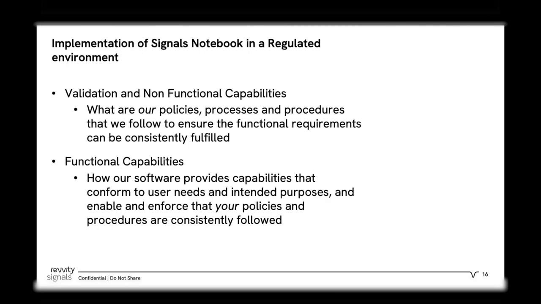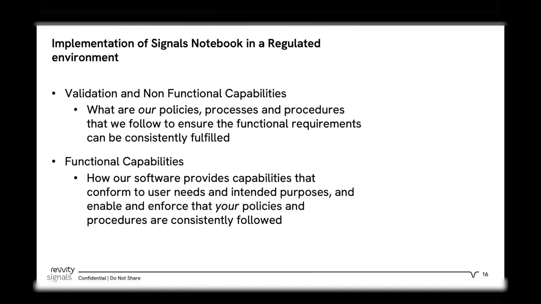So what we're going to talk about is, I'm going to talk about this from two viewpoints, essentially the non-functional and the functional capability viewpoints. So I'm going to describe what we do at Revvity Signals Software, what our policies, processes, and procedures are that we follow that allow you to have the confidence that the functional requirements we're delivering to you are consistently fulfilled.